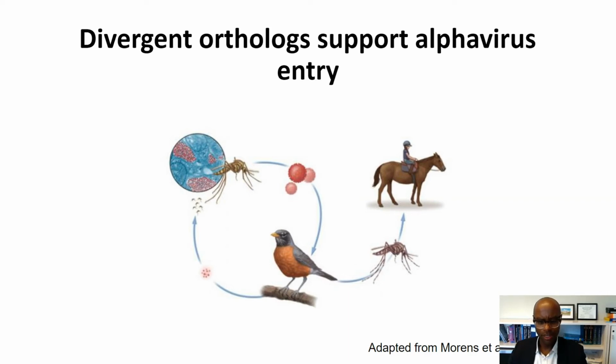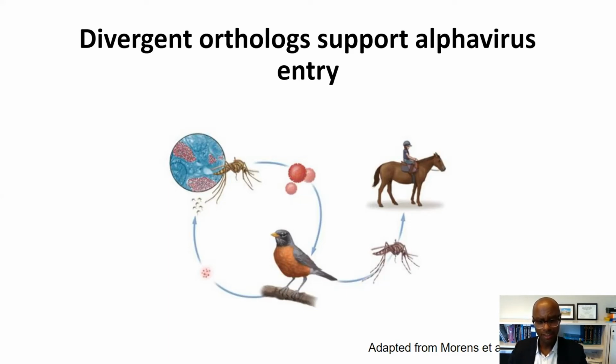And so taking a step back to what I was talking about in the beginning of my presentation, it's interesting that these viruses are able to infect mosquito vectors, so arthropods, and are able to infect birds, horses and humans.